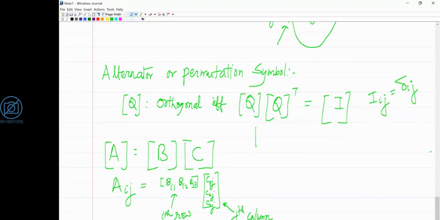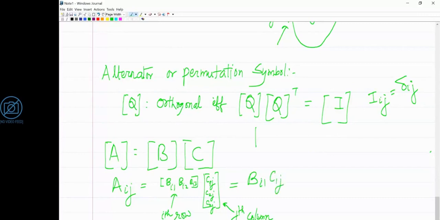Okay, that's how we get the ij component of the multiplication of matrices, isn't it? I hope you guys know this. If you're multiplying two matrices, then for the resulting matrix A, the ij component is: you take the ith row of B and multiply with the jth column of C. Now you see, when you do this, what is this giving you?